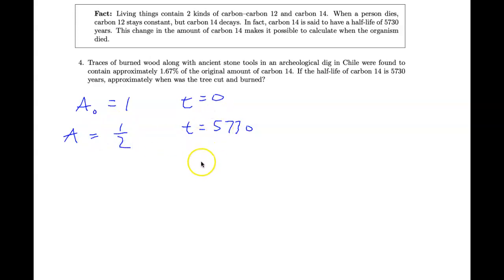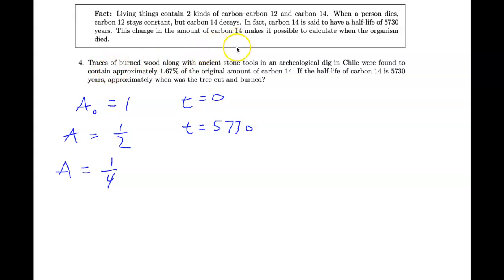And in another 5,730 years, the amount is going to be half of that, so that's going to be 1/4. And so you're going to keep taking half of the original amount every 5,730 years.